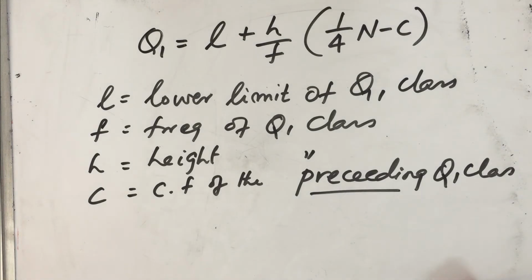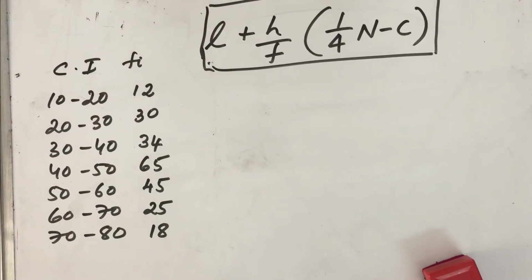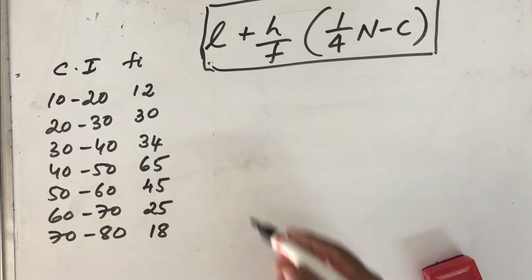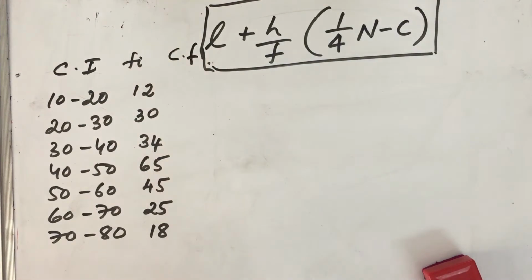Let us take one example and try to understand what quartile is all about. An example is written on the board with the class interval and corresponding frequencies. Let us find out the first quartile. First we need to find the L, that is the lower limit of the quartile class. In order to find that, first we need to find cumulative frequency.